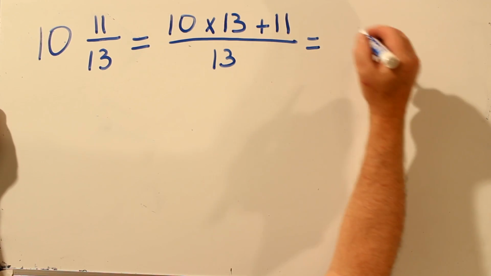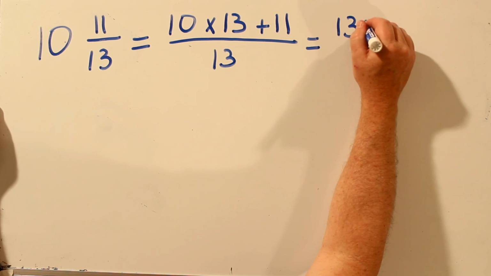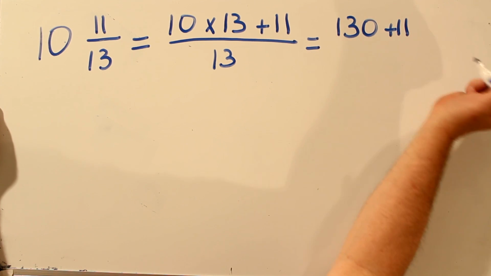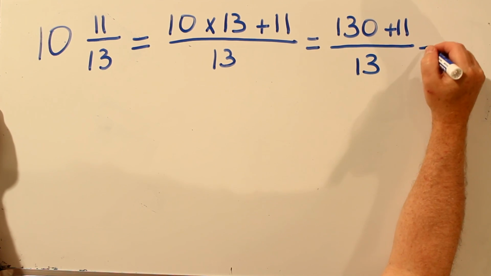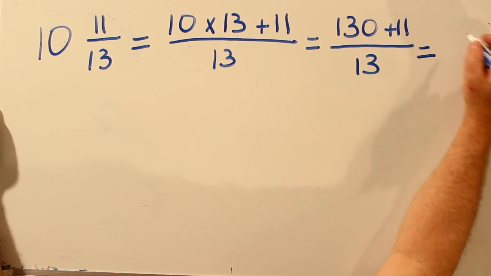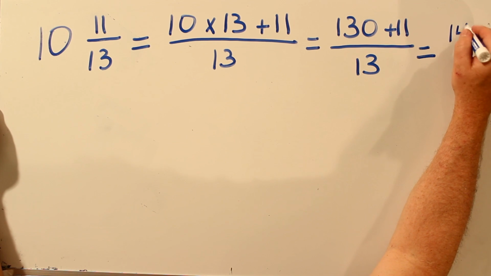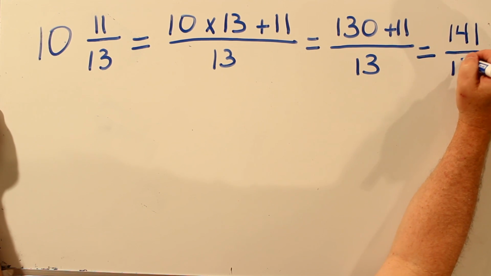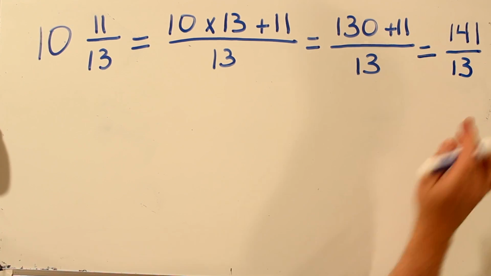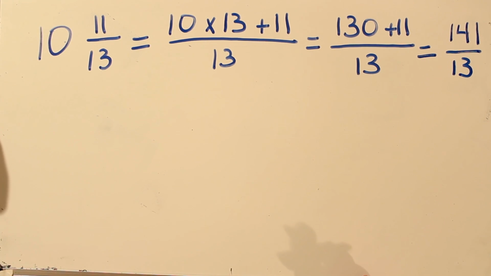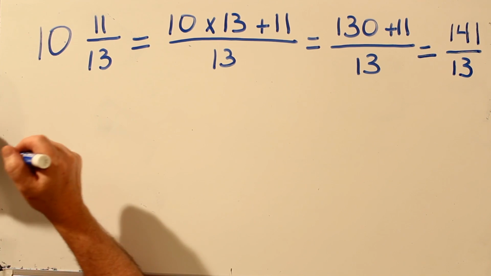Okay, 10 times 13 is 130, plus 11, all over 13. 130 plus 11 is 141/13. So 10 and 11/13 is the same as 141/13.